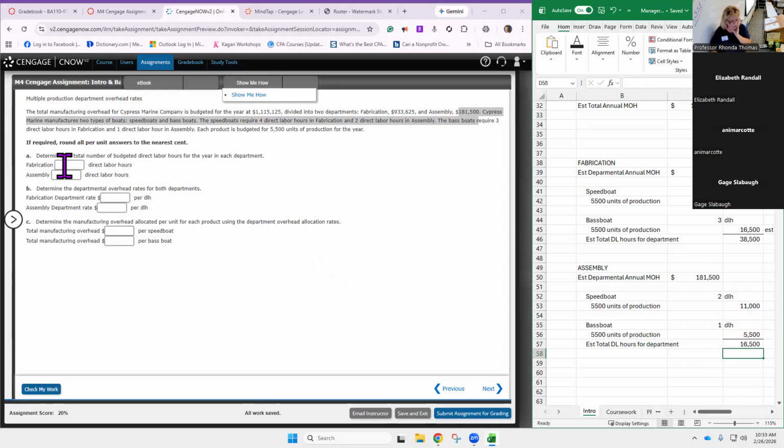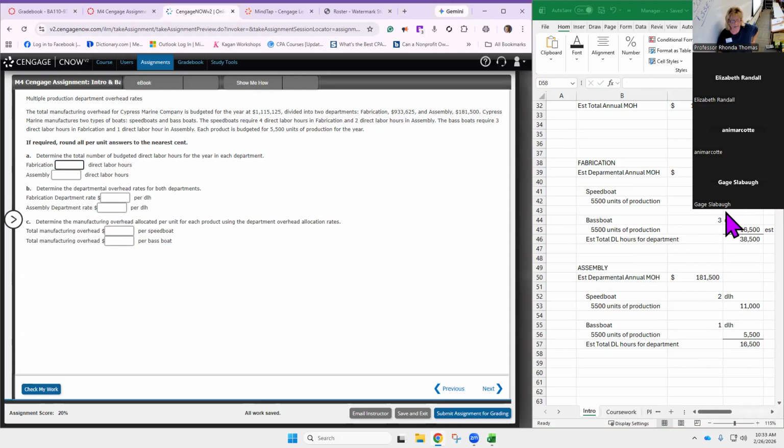So I think we're here now. Determine the total number of budgeted direct labor hours for the year in each department. Once again, this is annual, and we are making two different kinds of boats that use fabrication and also use assembly.